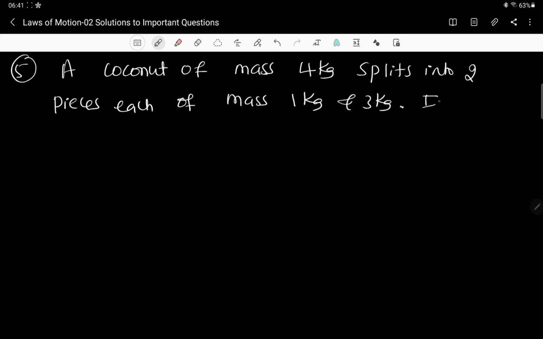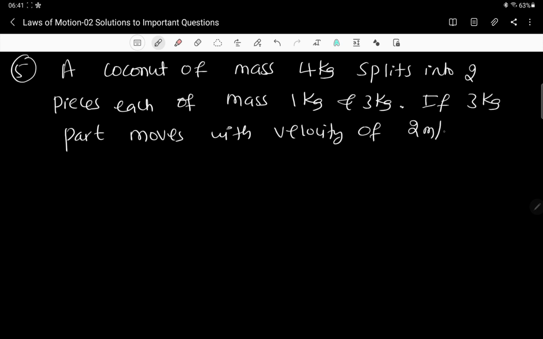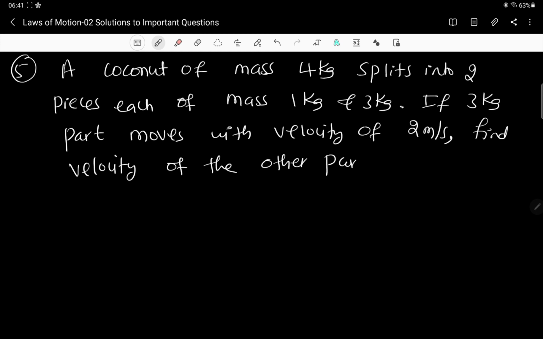Okay, if the 3 kg part moves with a velocity of 2 meter per second, find the velocity of the other piece or other part.